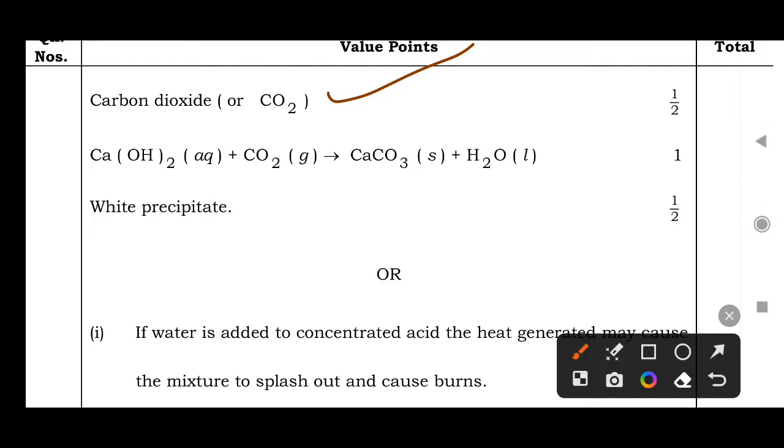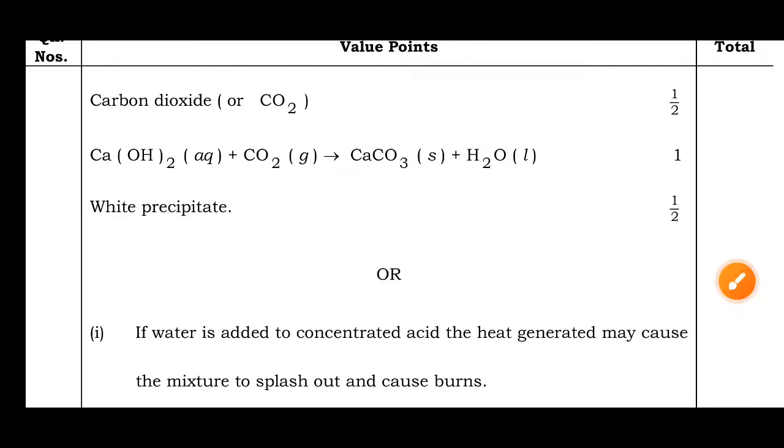Whenever this carbon dioxide is passed through lime water, it gives calcium carbonate and a small amount of water. Which type of precipitate is formed, they asked. White color precipitate is formed.